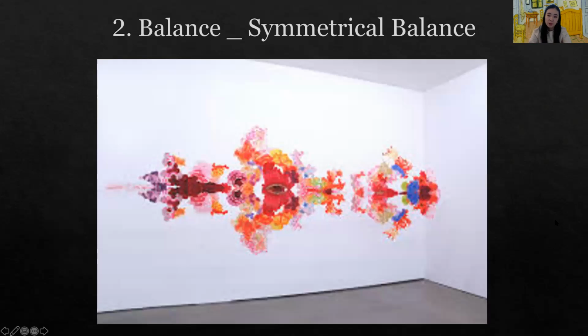And here's another example. There is an imaginary horizontal axis in the center of the work, and the top part of the axis corresponds to the bottom part. So this is also using symmetrical balance.